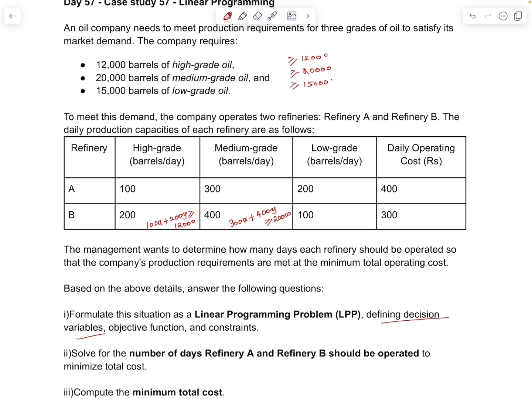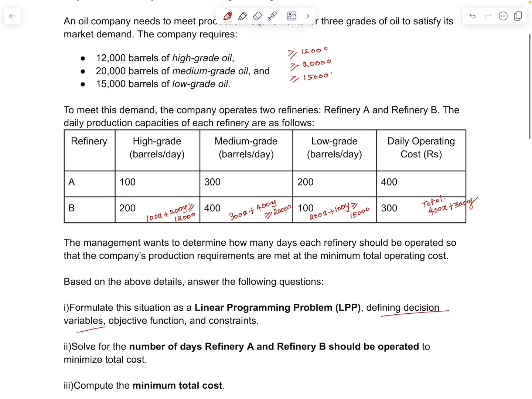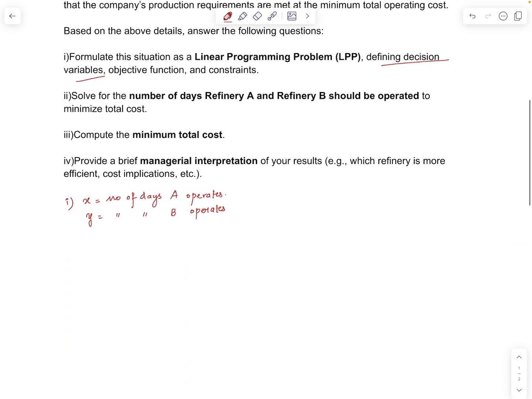For low grade, 200X plus 100Y greater than or equal to 15,000. 400X plus 300Y is the total operating cost. Now that we understood the parts of the question, we will define the LPP.